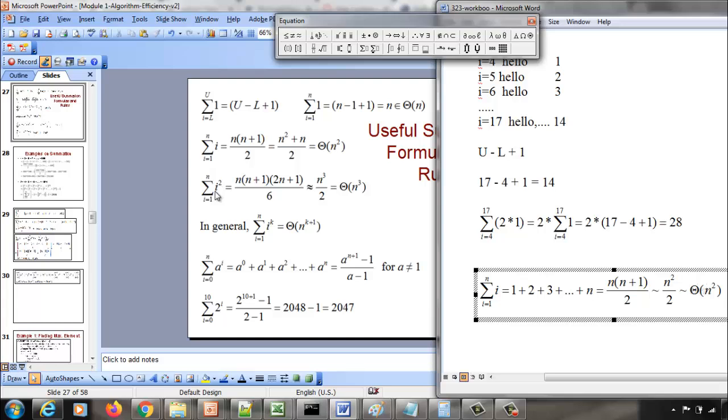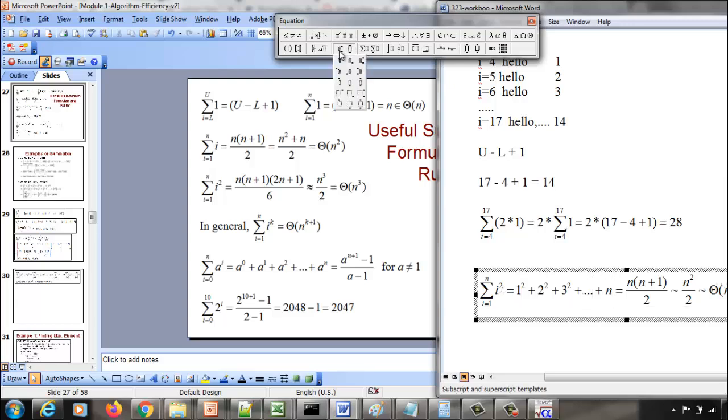If you have I square instead of I, substitute the different values of I. For I equals 1, you are going to have 1 square. For I equals 2, you are going to have 2 square. Similarly, we are going to have 3 square and so on up to n square.